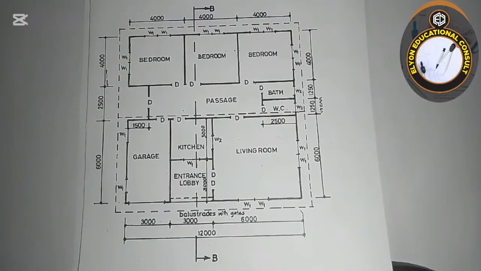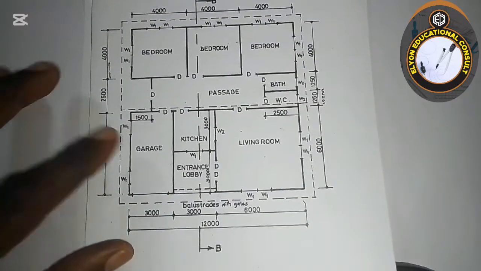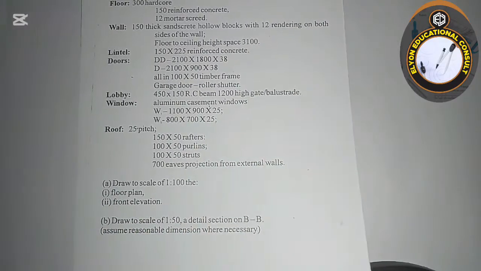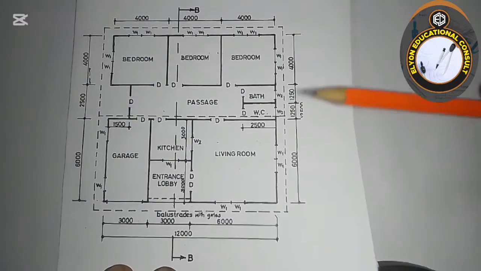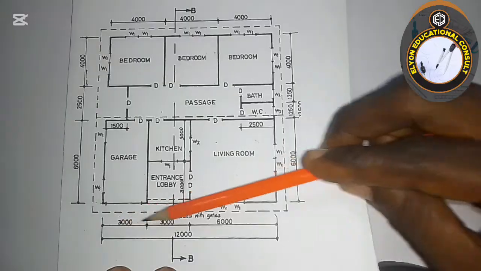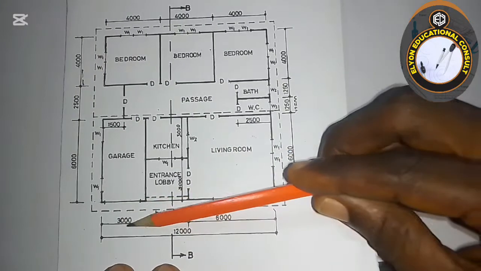Now, first of all, we need to understand the scaling. We are told that we should draw to scale 1 to 100 the floor plan. Now each apartment or each part of the house comes with the dimension. Now let's take this for example. I need you to understand this. Now this is 3000.